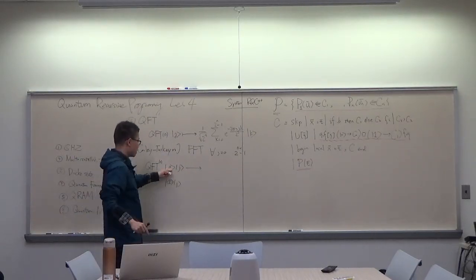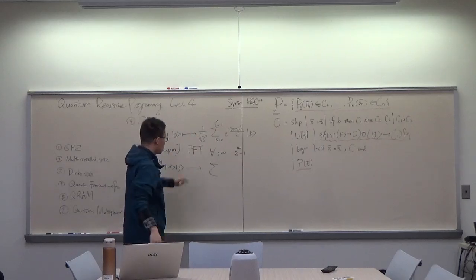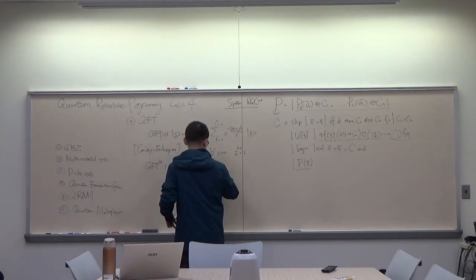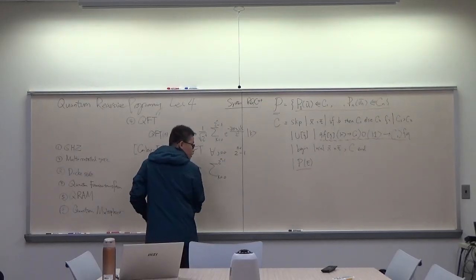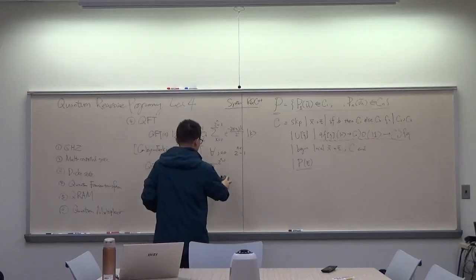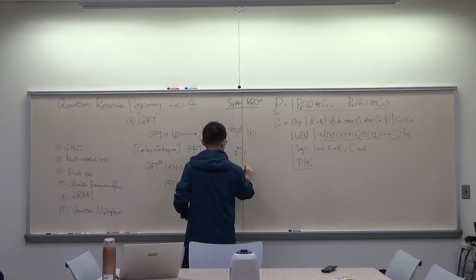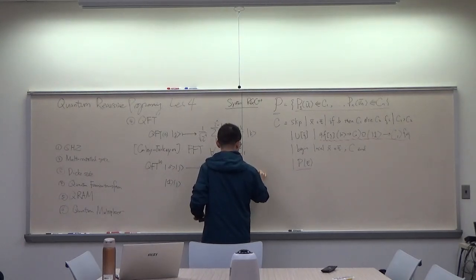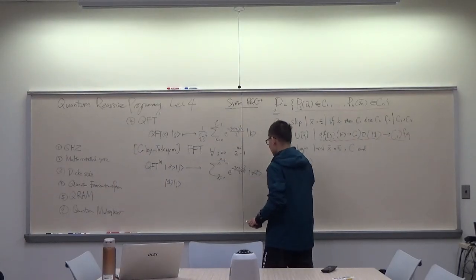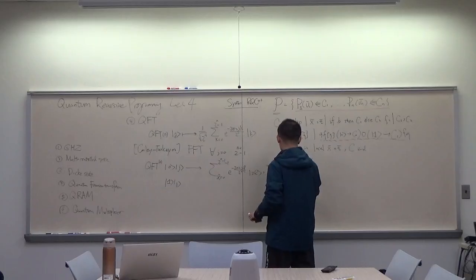If the first bit is 0, then this state is proportional to, I just omit the constant factors, the summation over k, still from 0 to 2 to the n minus 1, of e to the minus 2 pi i j k over 2 to the n. So we are considering even and odd k actually.